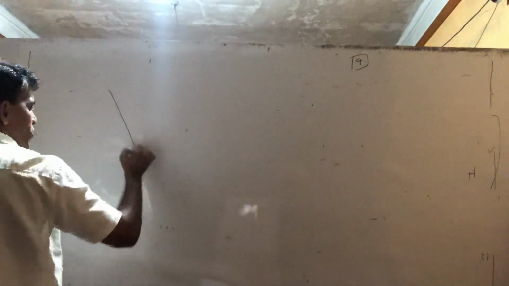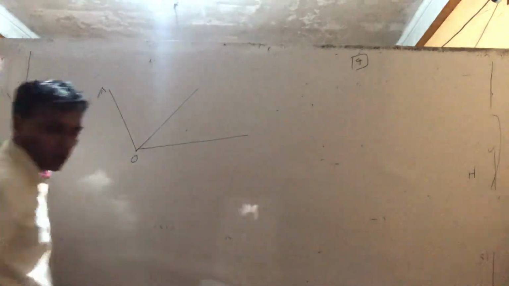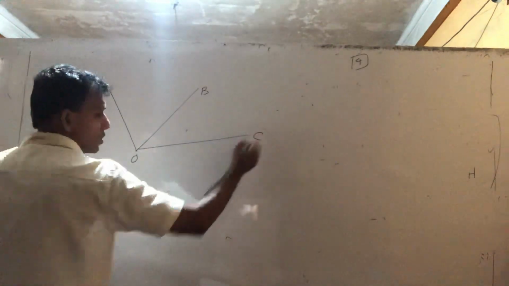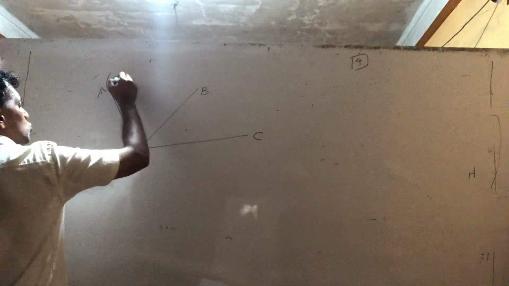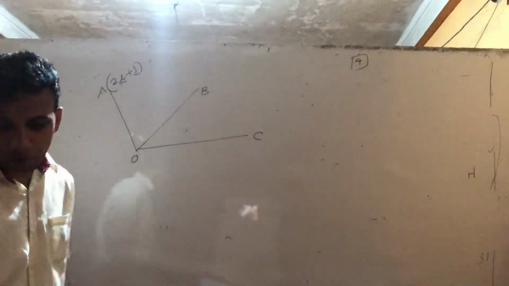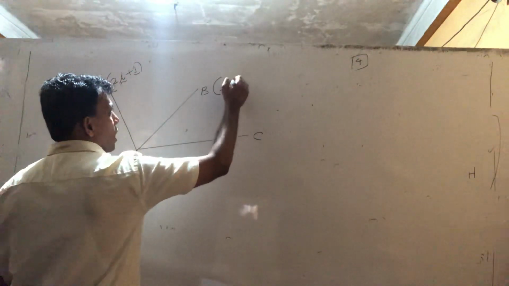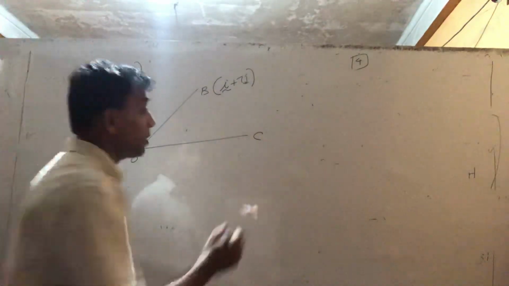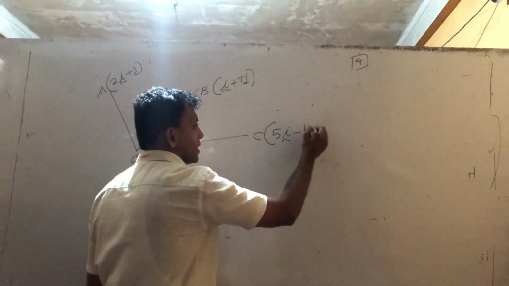So here, with respect to origin, here is 3 points, right? O, A, B, C. So question vector: A is 2i plus j, the vector B is i plus 7j, and the point C is 5i minus kj.